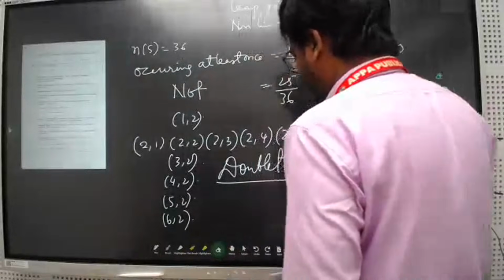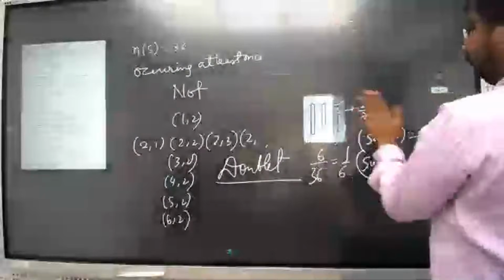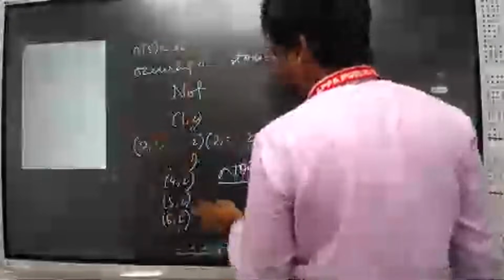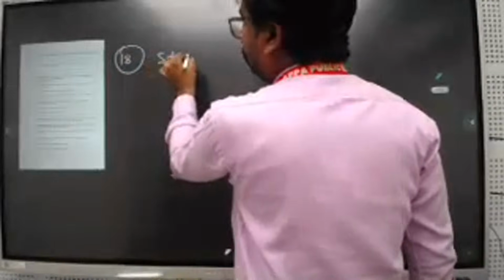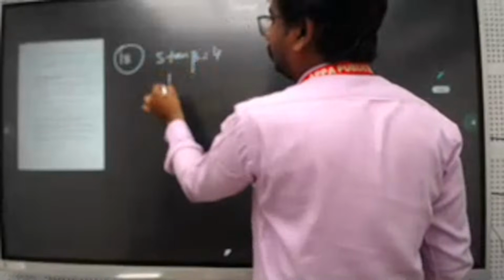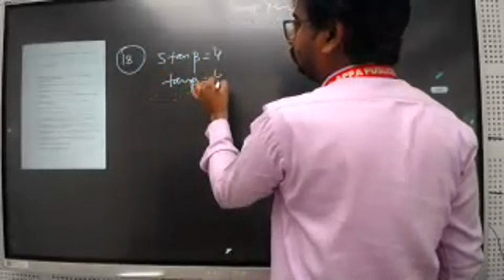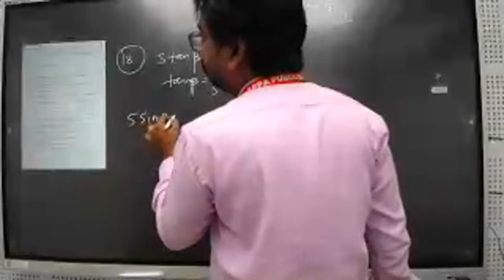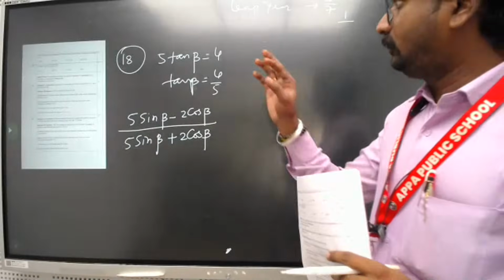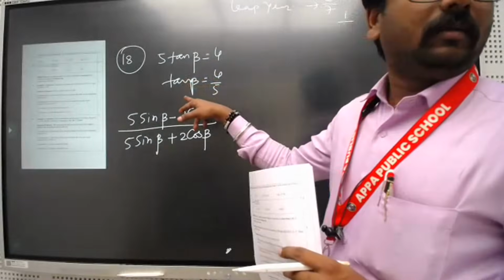Question number 18. If 5 tan beta is equal to 4, then find the value of the given expression. What have they given? 5 sin beta. Remember the quotient rule. Actually, we can take it directly, this can be written as sin by cos for 4 and 5.